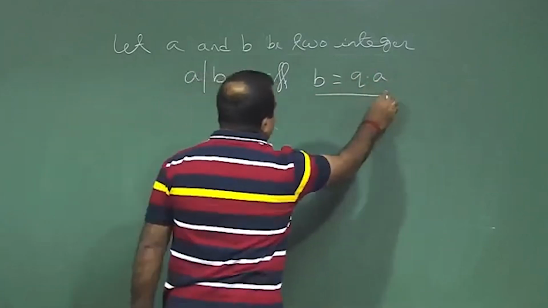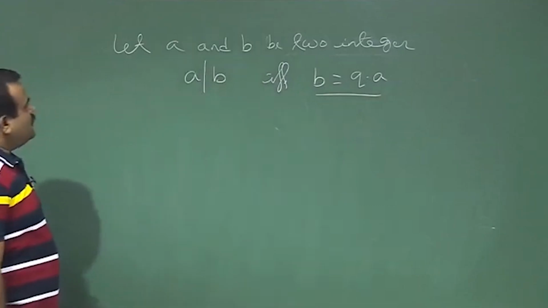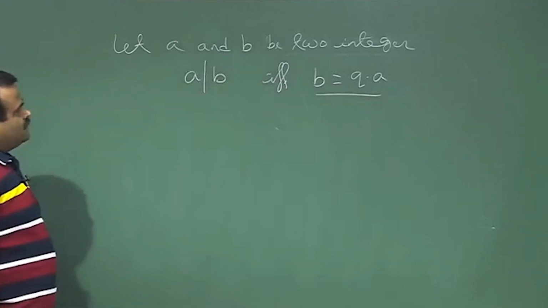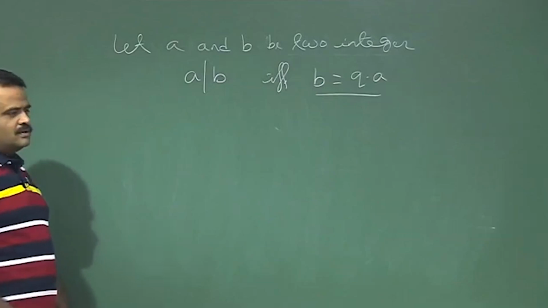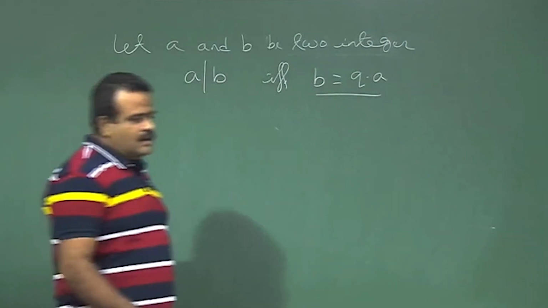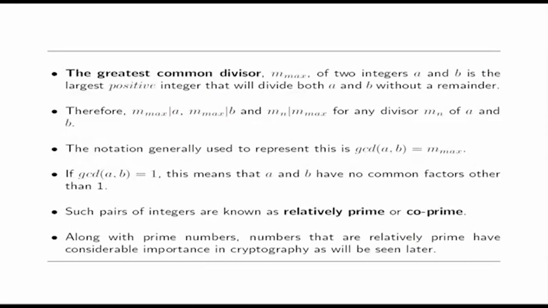So, that means the remainder is 0, then we say a divides b. So, that means a is a factor of b. So, this is the division, and now we denote this by this form.